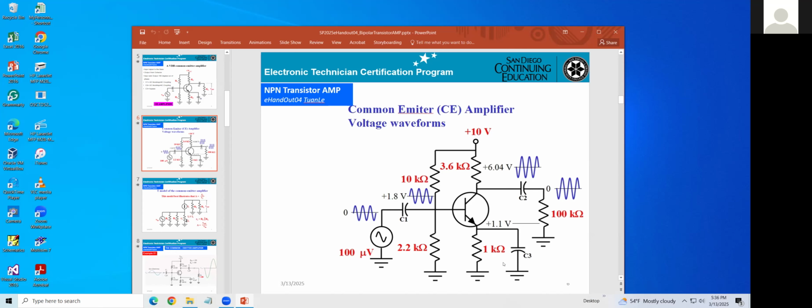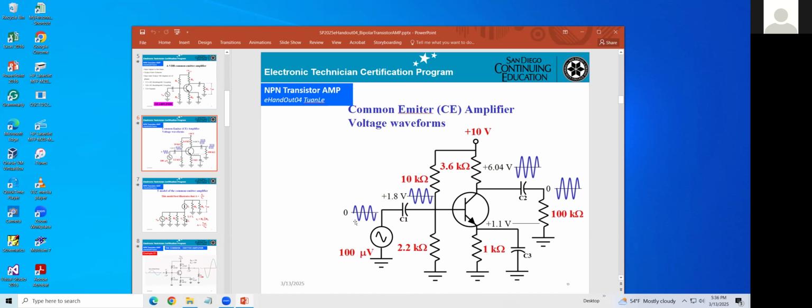The input is applied to the base, output from the collector. And second, input goes up, output goes down. That means they are opposite, or 180 degrees out of phase.